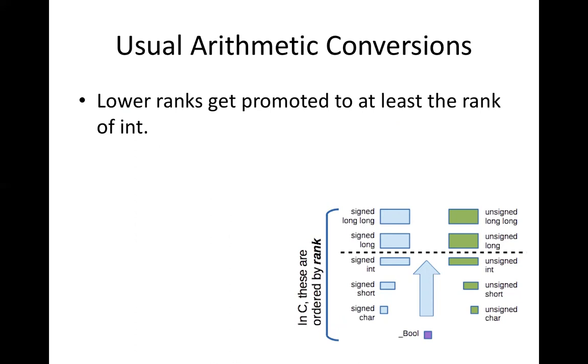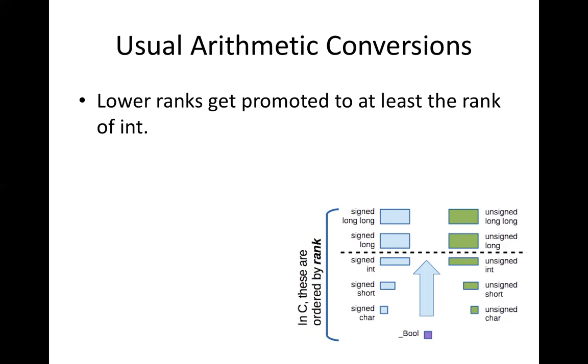If one of your operands has a lower rank than int, so if one of your operands was a short or a char, then promote it up to at least int before you use it in an expression, before you do math with it. So the idea is when you're actually doing a multiply or divide, the compiler is going to plan on doing that with a type that's at least the size of int.